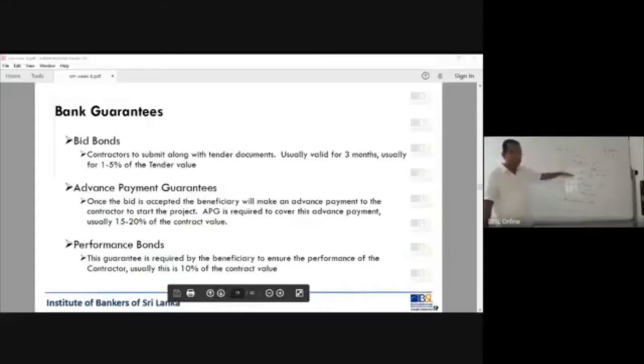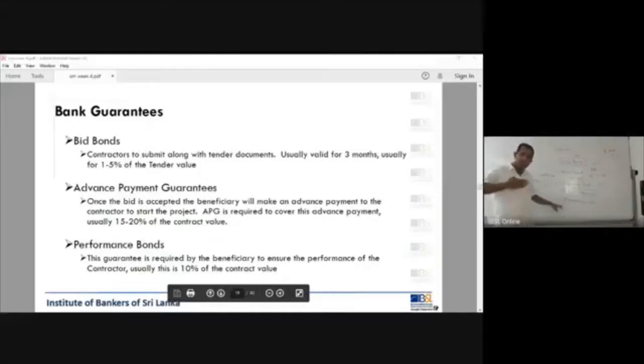Advance payment: if the customer does not perform, we guarantee this advance payment amount. Performance: my customer will do the construction as per your specification. If not, I will compensate you. Retention: please release the money you kept for workmanship. If there is a problem, I will compensate up to 5%.